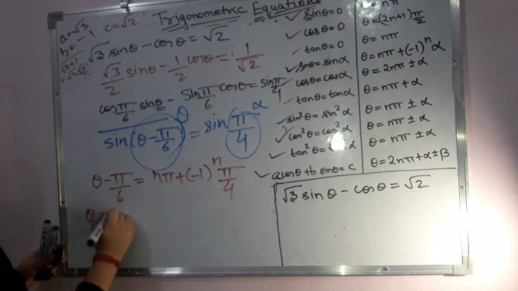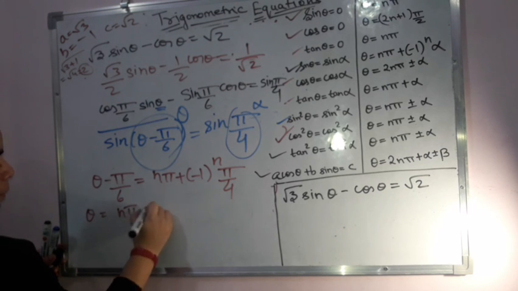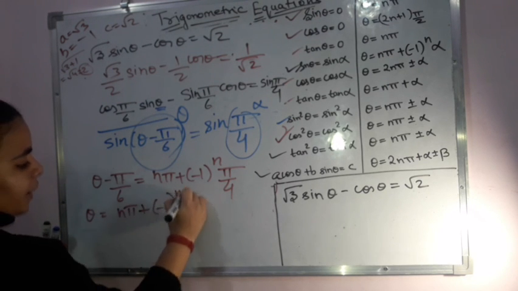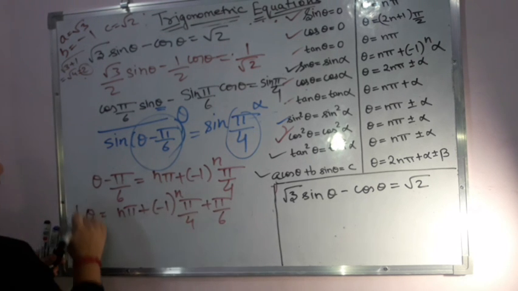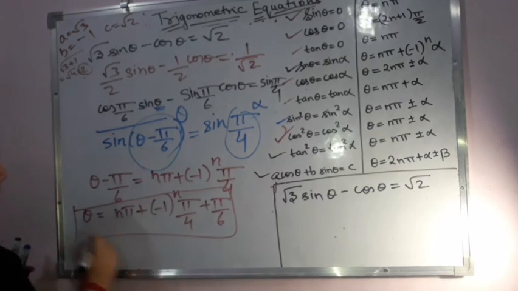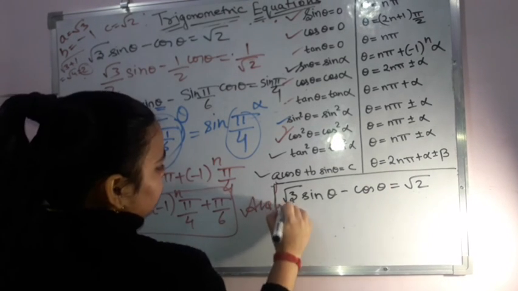That means theta is equal to n pi plus minus 1 raised to the power n pi by 4 plus pi by 6. So this is my general solution, and so is my answer.